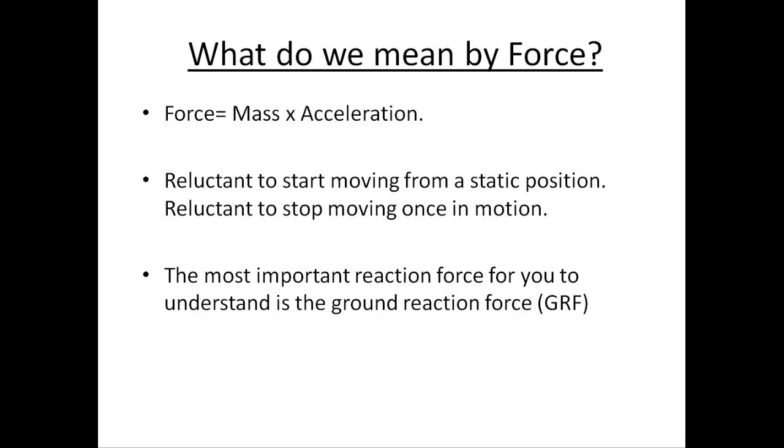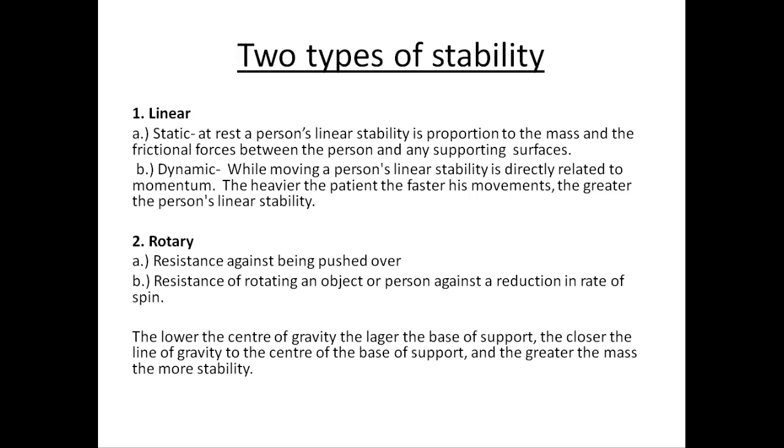The other important reaction force for you to understand is ground reaction force, particularly when walking. So there's two types of stability. We've got linear stability and rotatory stability that we describe here. But you've always got that static and dynamic.